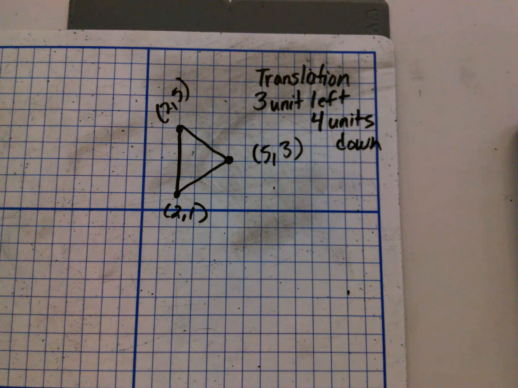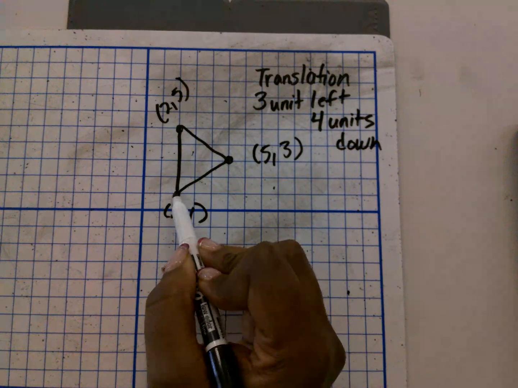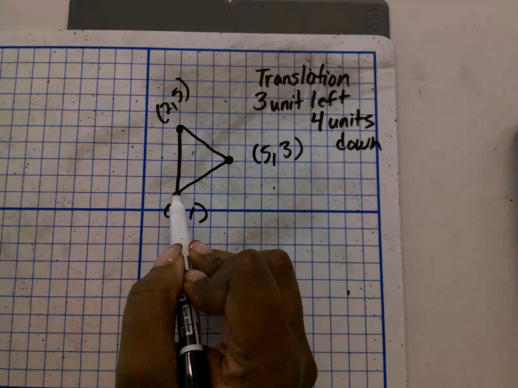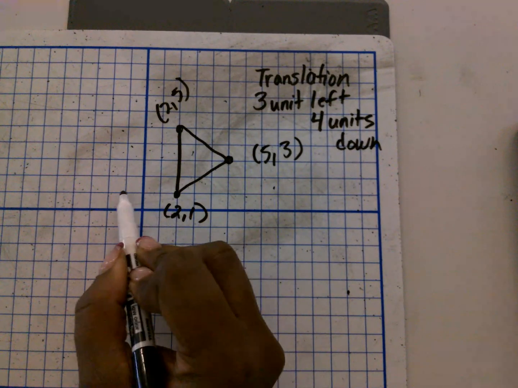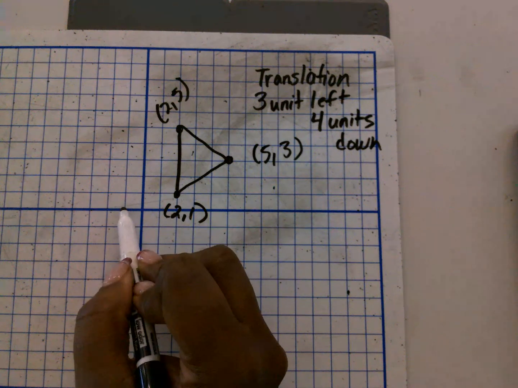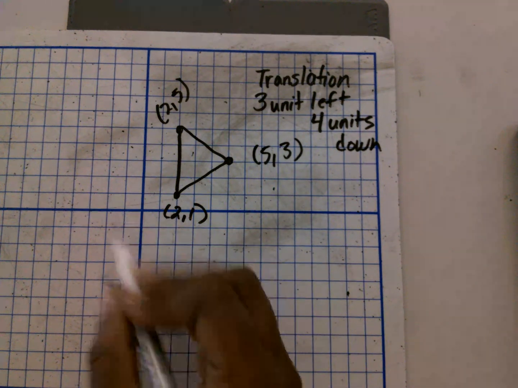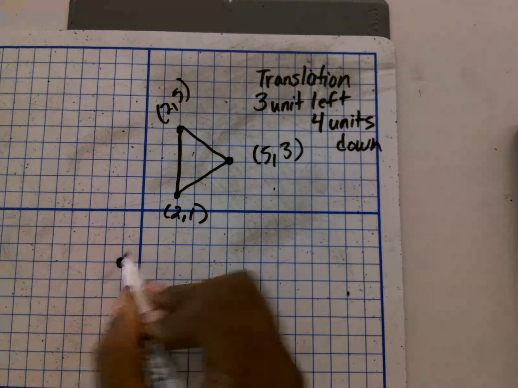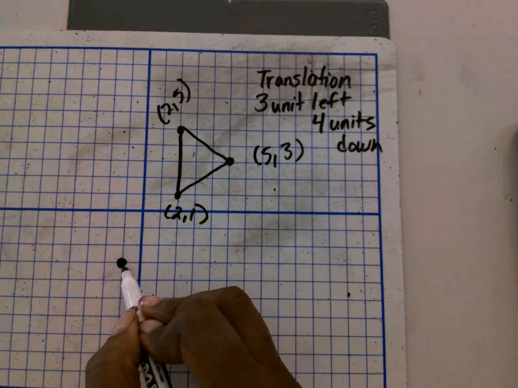So we're going to take each one of those points and move it 3 units to the left and then 4 units down. Watch Miss Reyes do the first one. I'm going to do this one right here. So let me count. 3 units to the left, that's this way. 1, 2, 3. And that's down. 1, 2, 3, 4. This is my new location for this point.